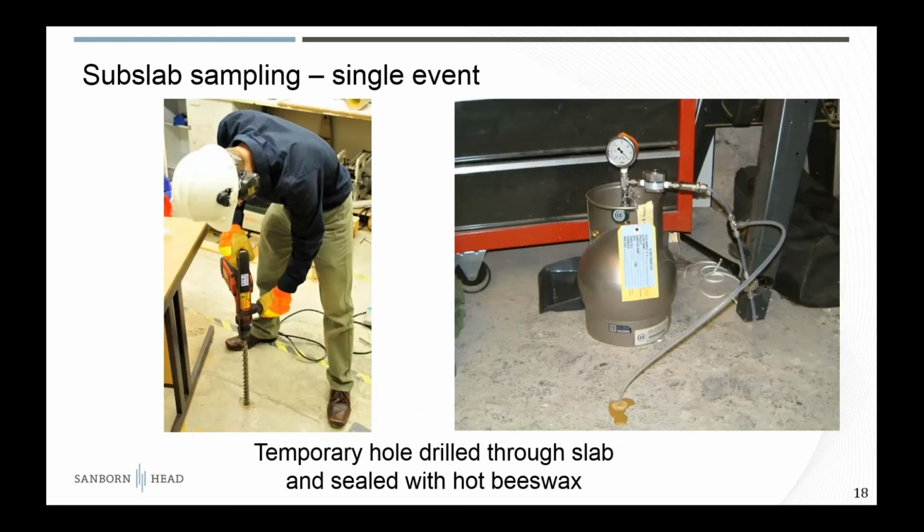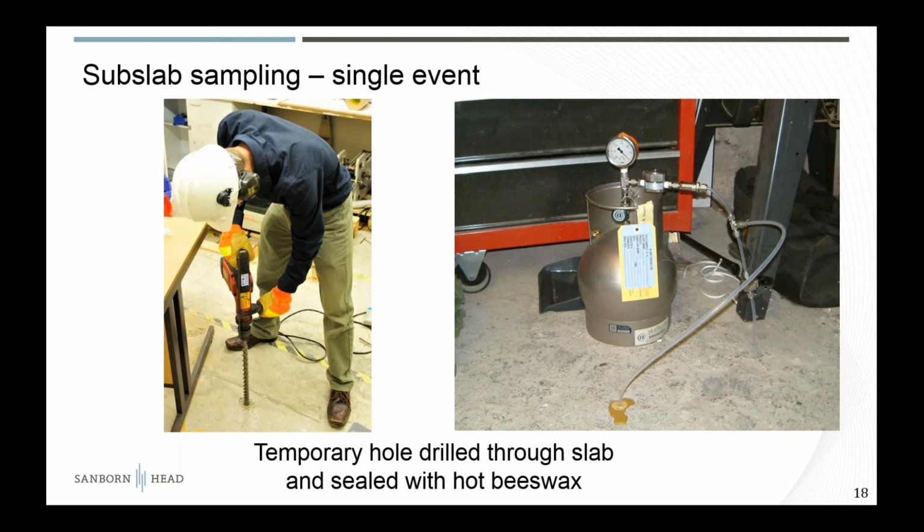Okay, so many times in a residential scenario, we're just going in there one time to grab a subslab sample. It's a similar thing. You're drilling the hole through the basement floor or the lowest level floor, but instead of constructing a port, you're just snaking your tube down through that annulus that you've just drilled, and you just need a temporary seal, and you're going to fill that hole back up with grout when you're done.